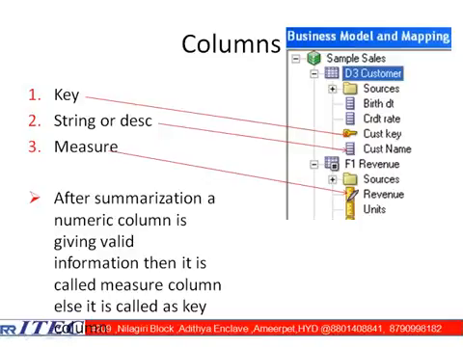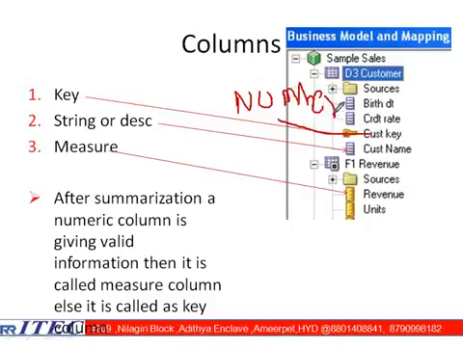Okay, that is perfect. This is called a key column, the key symbol is available. This is called a string or descriptive column. This is called a measure column. Now my point is, if I compare the data types of the database, for a number column, whatever is available here, the data type might be what?